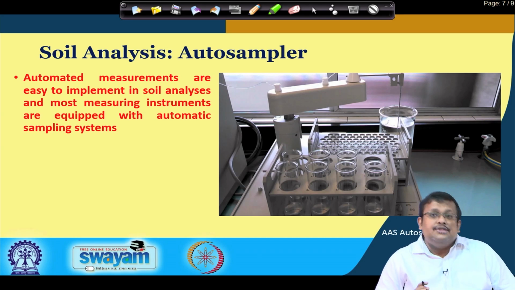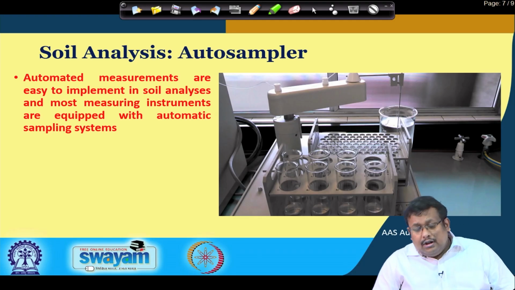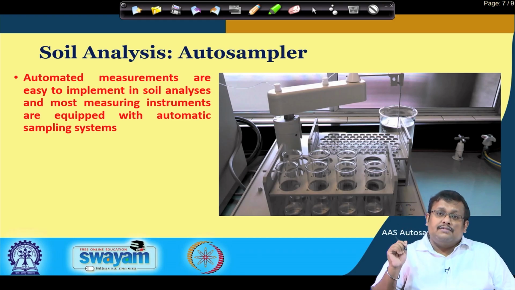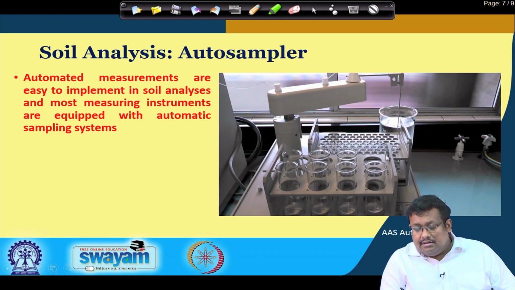All the sophisticated instruments which we use nowadays, like ICP-AES and atomic absorption spectrophotometry, have their auto sampler attachment, which can help with automated aspiration of the chemical from different wells or different solutions. So, this is an auto sampler. This is very important.